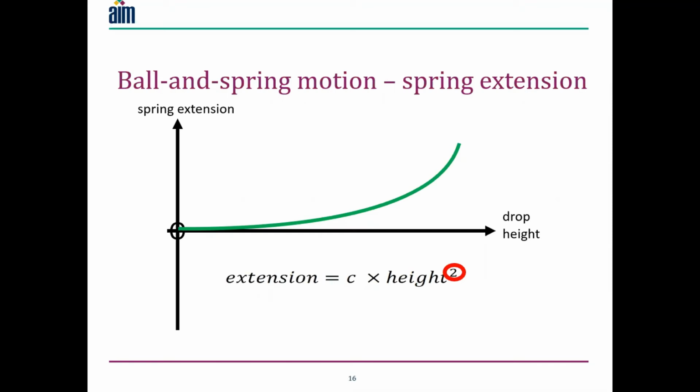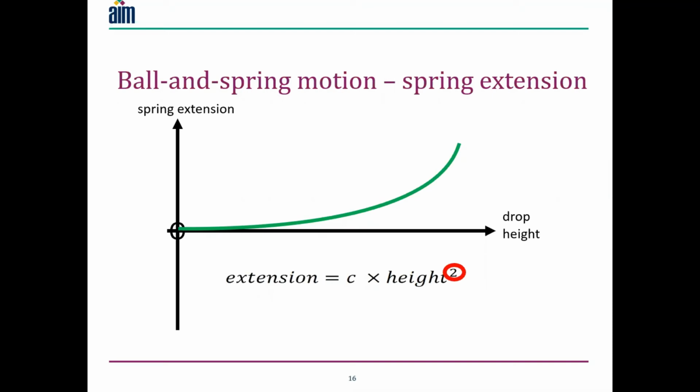And you can see that that is a quadratic function. And I tried to put the formula at the bottom there that says the spring extension is some constant times the square of the height. And that square is encircled in red because that means that it's a quadratic effect that drop height has on product damage, right? So when we get to a certain extension, the product breaks.